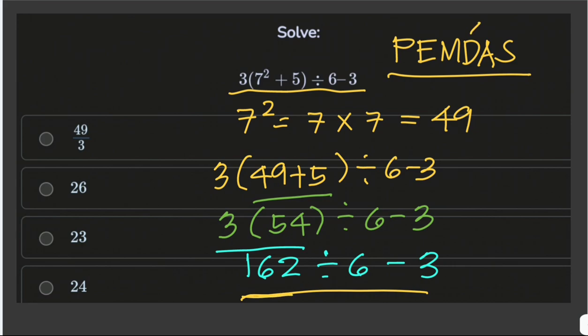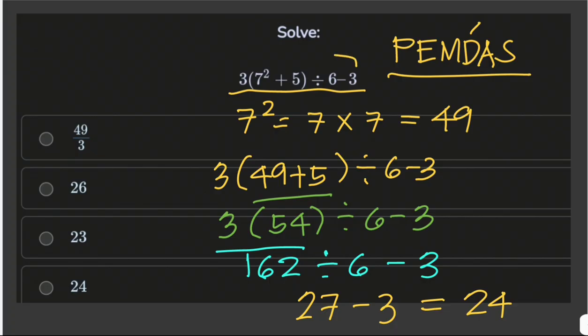So we divide 162 by 6 first. 162 divided by 6 gives us 27. Then 27 minus 3 is equal to 24. Therefore, this expression is equivalent to 24. So the answer is this one.